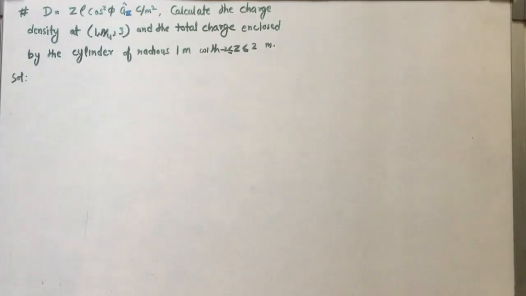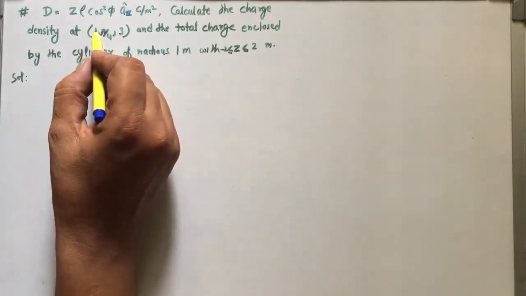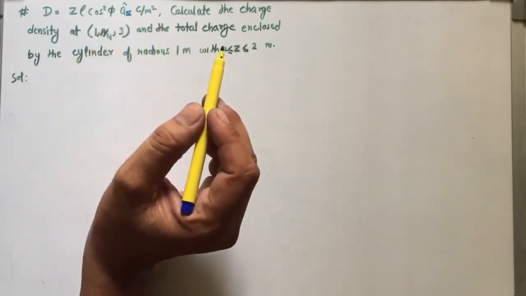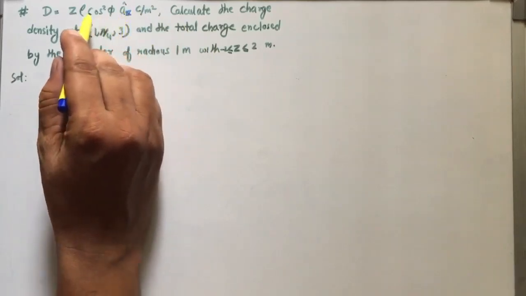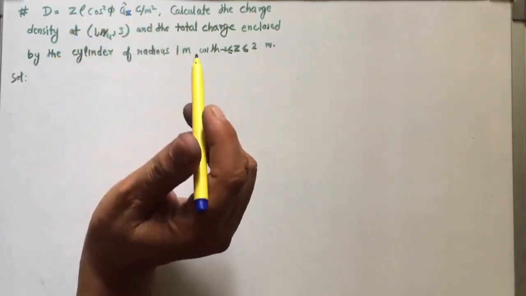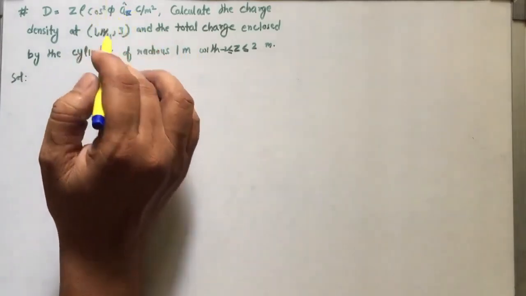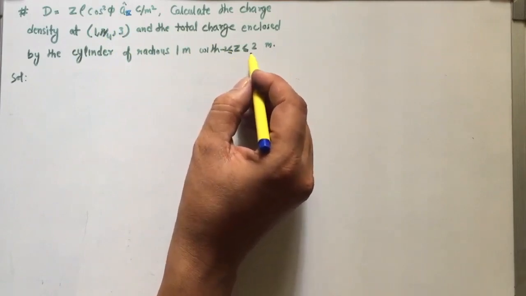So from here, the first thing we can conclude is it is in rho phi z, meaning cylindrical coordinate system, and there is no rho component, only the charge distribution is varying in the z direction, from minus 2 to 2 meter.